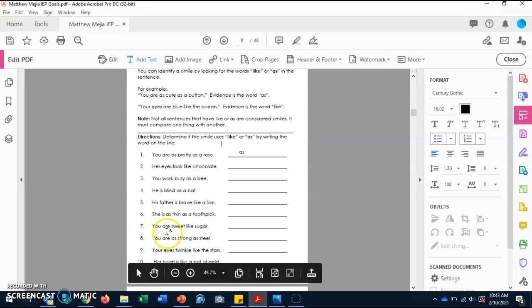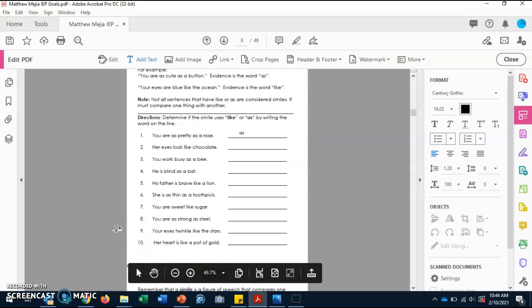Number 7, you are sweet like sugar. Number 8, you are as strong as steel. Number 9, your eyes twinkle like the stars. And number 10, her heart is like a pot of gold.